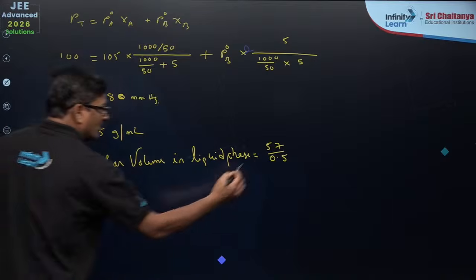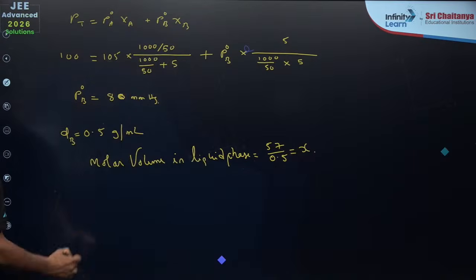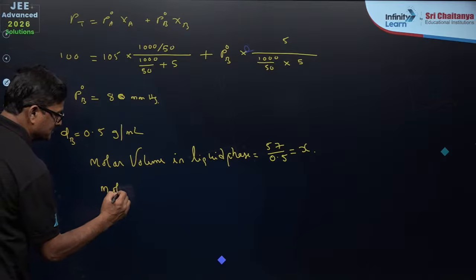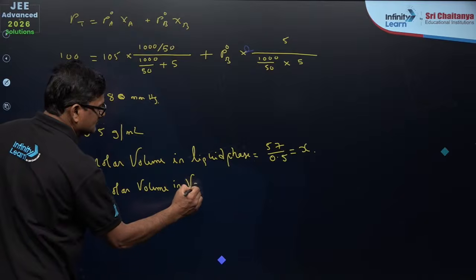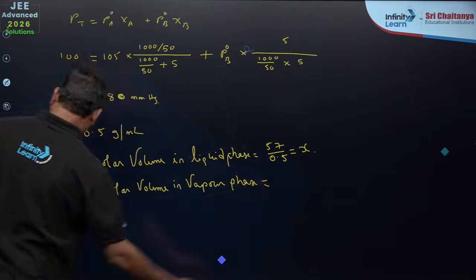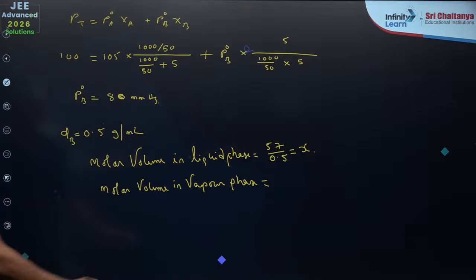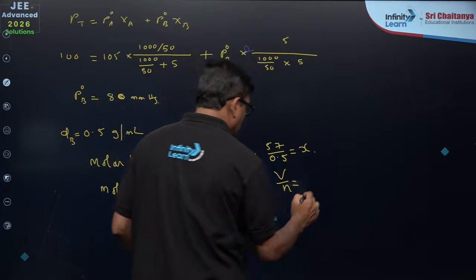And the molar volume in the vapor phase, you can use V by n, which is equal to RT by P.